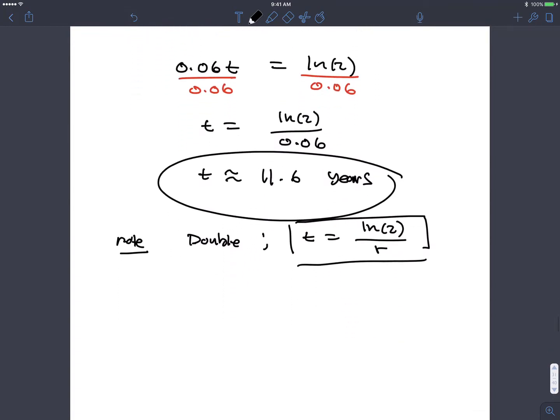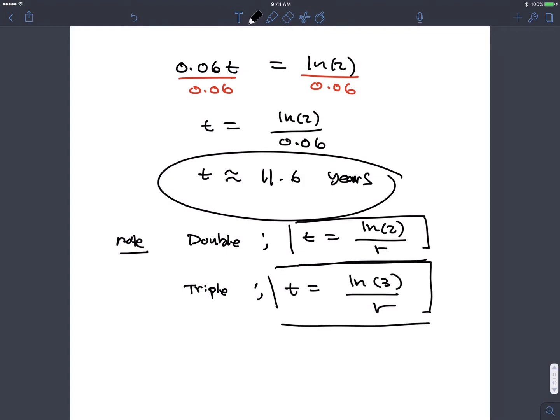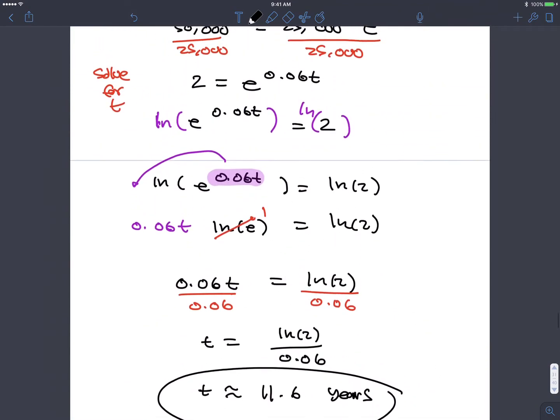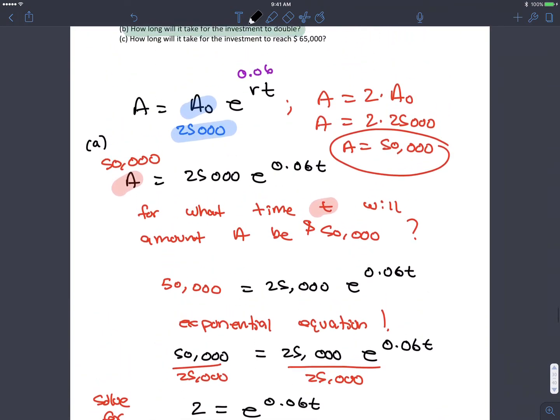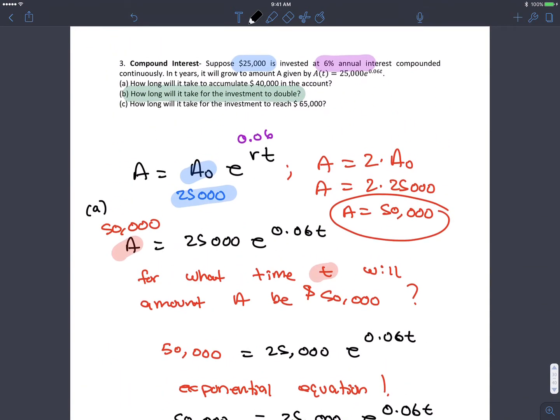Let's recall that we also worked on how to triple. That's going to be t equals natural log 3 over r. So the same derivation occurs if we triple. And this is the equation. So if I go back now and say, okay, what are they asking for in question C?